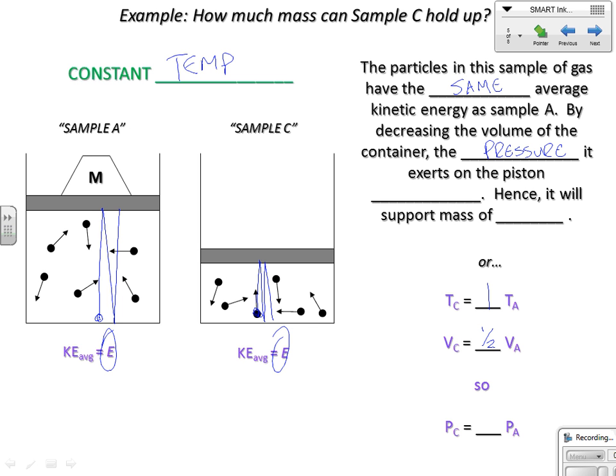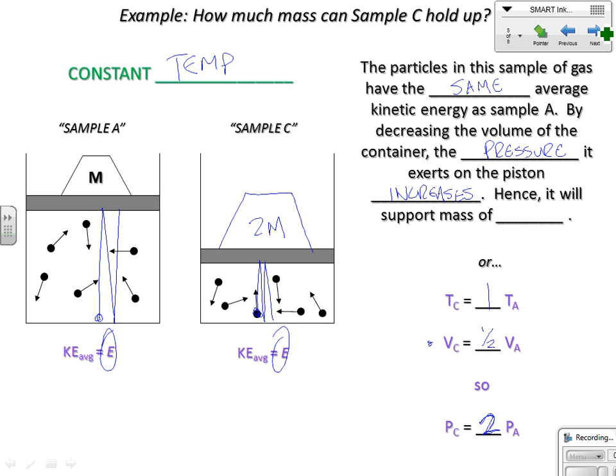And even though they exert the same force per collision, the collisions happen twice as often. So the pressure it exerts on the piston will increase. And therefore, if it's half the volume, the collisions will happen twice as often. Now we hold up again 2m because the pressure is twice as big.